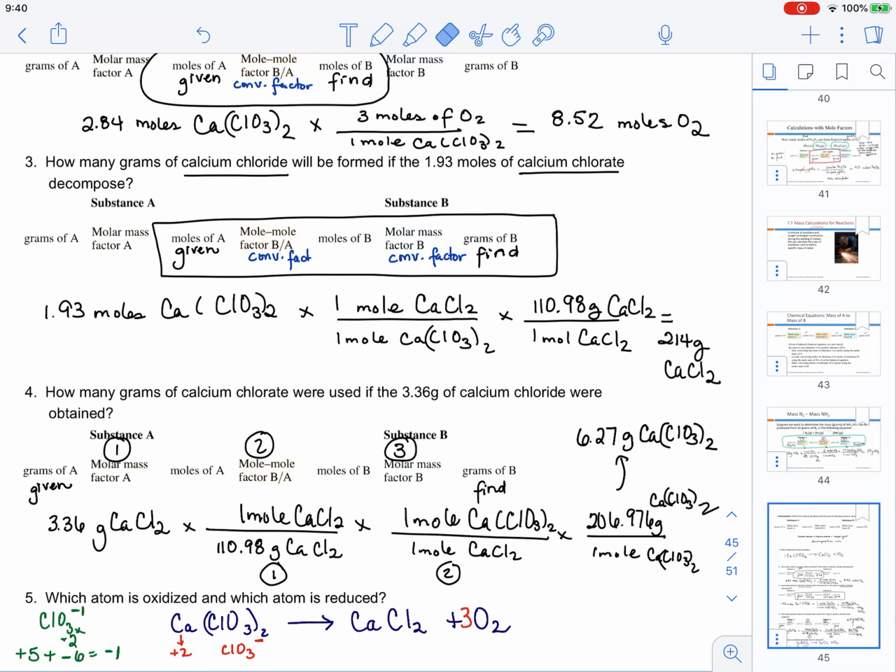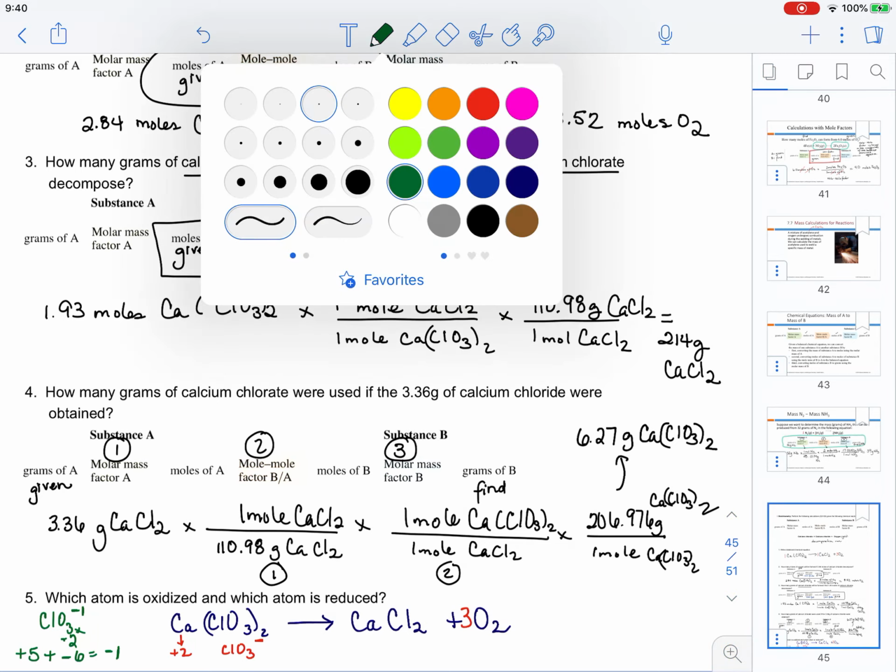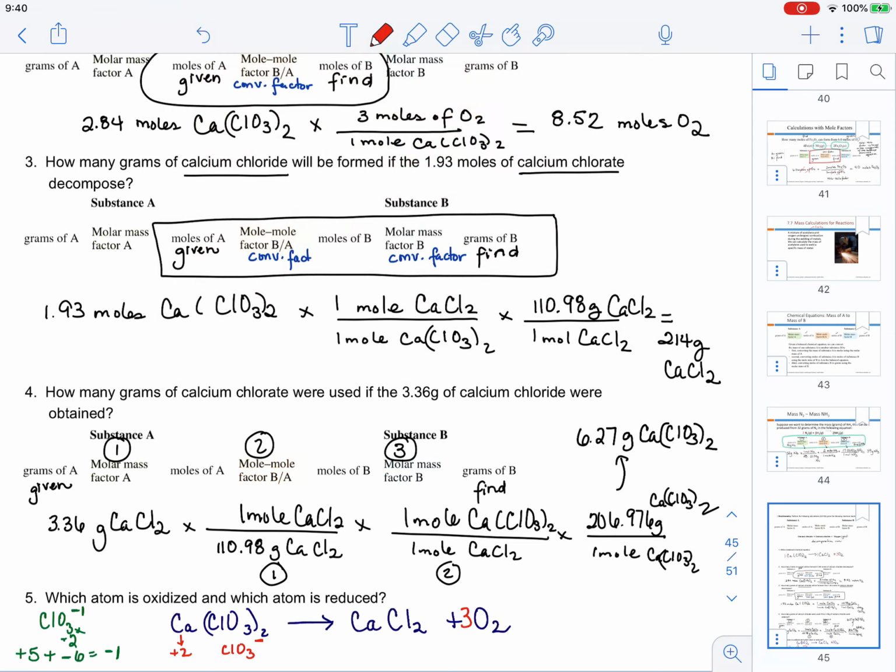When we come and look at the calcium chloride, it is an ionic compound. So calcium is going to have an oxidation number of +2. Chlorine is going to have an oxidation number of -1. Oxygen, because it's in elemental form, has an oxidation number of 0. Okay?